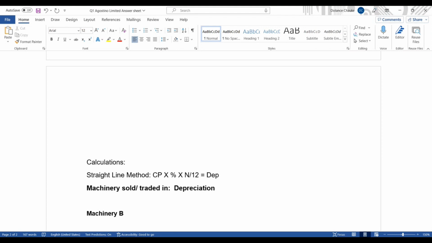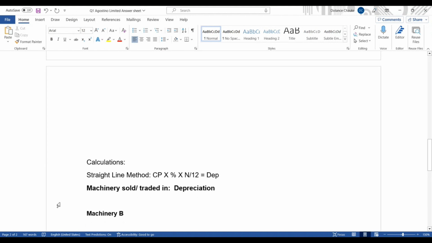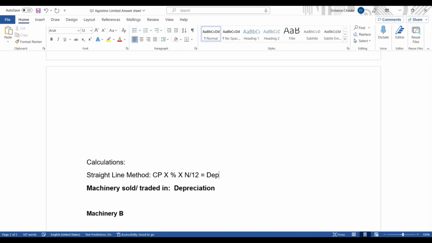So now we're going to determine the period of the sold machine. First, before we calculate depreciation, we have got the method. Remember, we're going to need the number of months and then divide by 12. For you to get it right, you can say, let me come this side before I calculate.